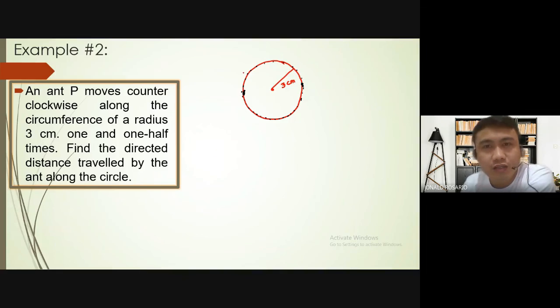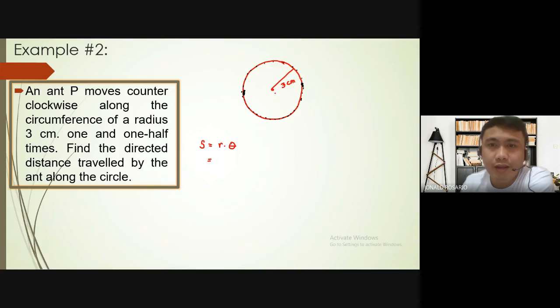So we're just looking at the distance. Ibig sabihin, ang kukunin lang natin ay yung tinatawag na arc length. So yun yung distance.